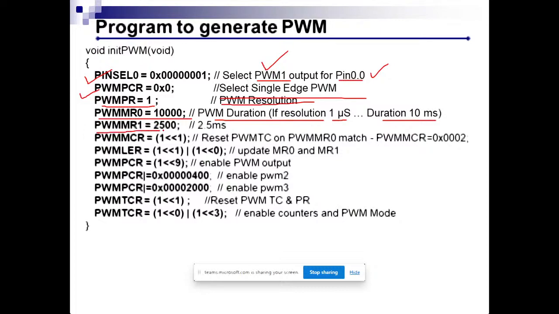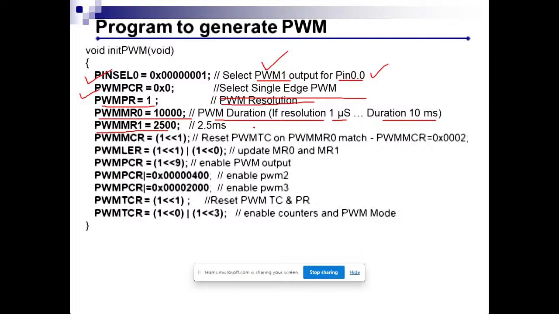In PWM MR1 I am writing 2500, that means I want to set a 2.5 millisecond width for the pulse generated on the PWM 1 pin. So for 2.5 milliseconds I am writing PWM MR1 equal to 2500. If I want to generate a 5 millisecond pulse, then I can write 5000.